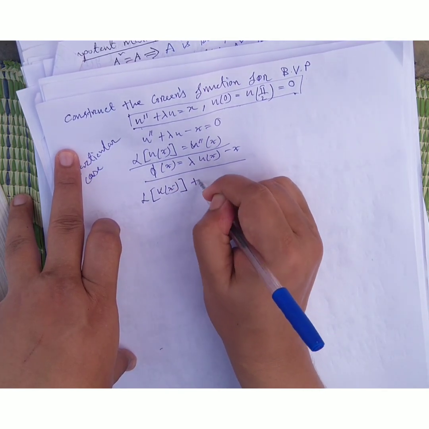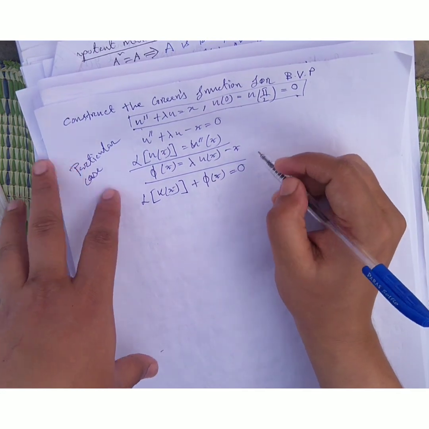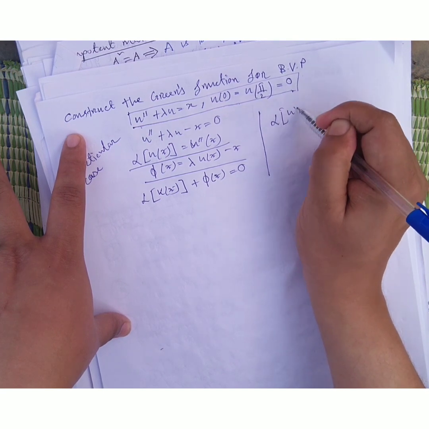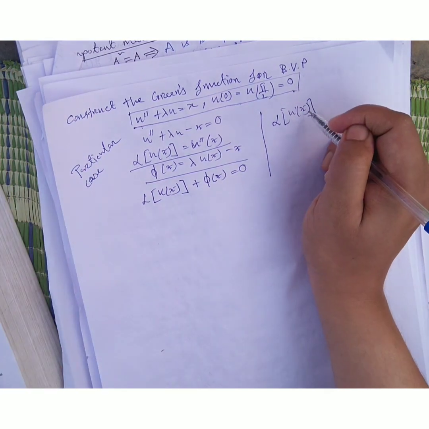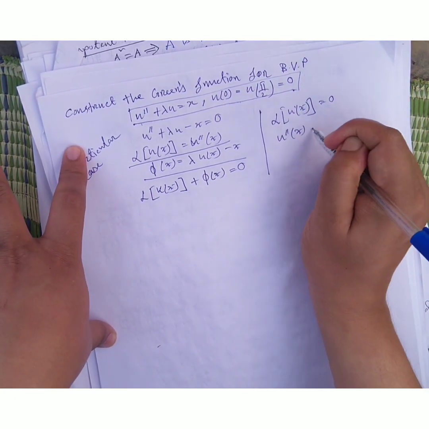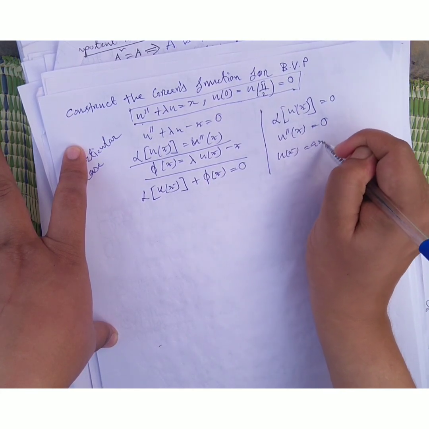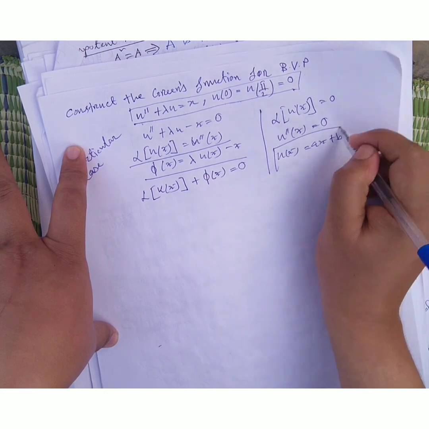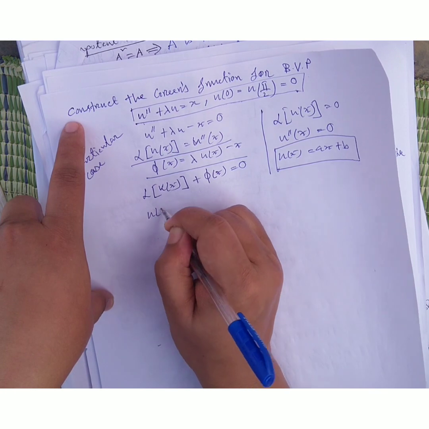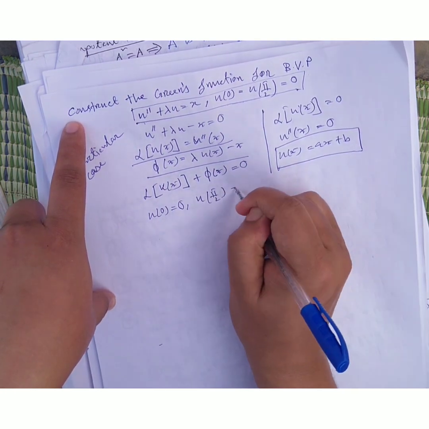plus phi x is equal to 0, and according to the Green's functions, you have to take L u x is equal to 0, so u double dash x is equal to 0, and u x is equal to ax plus b. Another fact is u0 is equal to 0 and u pi by 2 is equal to 0.